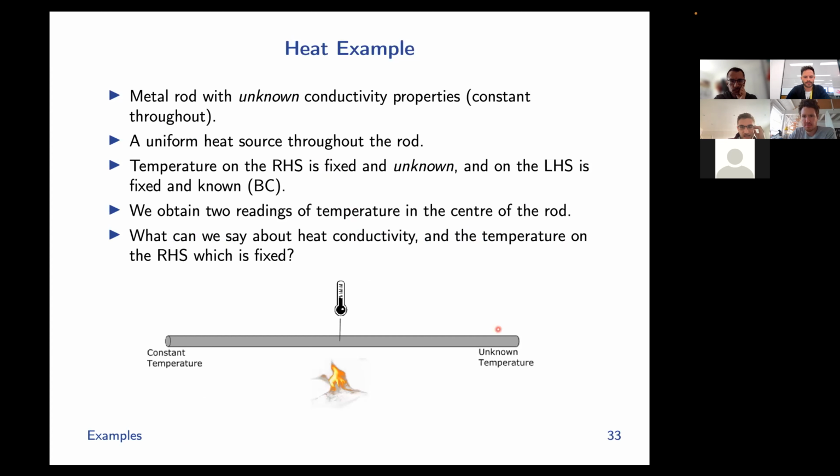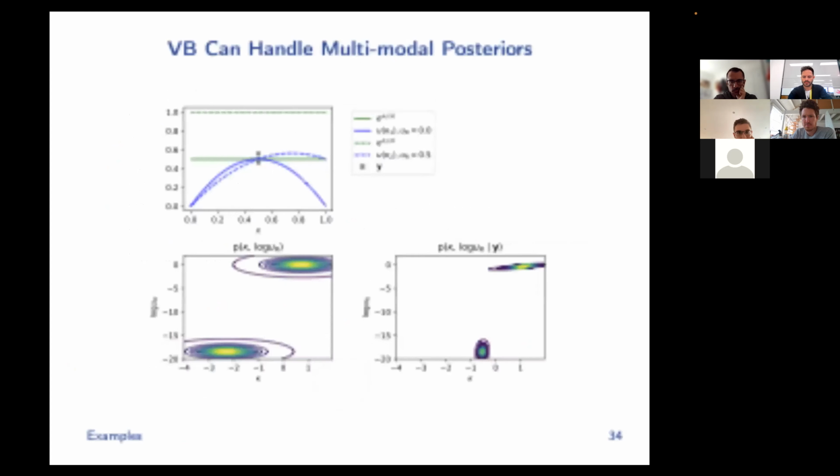The temperature on the right-hand side is fixed but unknown, and on the left-hand side it is fixed and we know it. So these are the boundary conditions, and we obtain 2 temperature readings in the center. The question we are trying to ask is, what can we say about the heat conductivity of the rod and the temperature on the right-hand side?